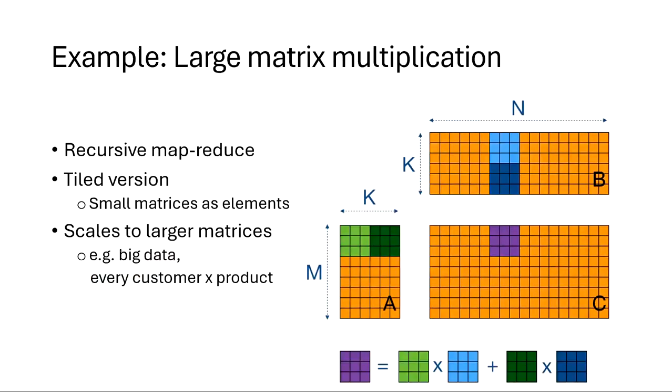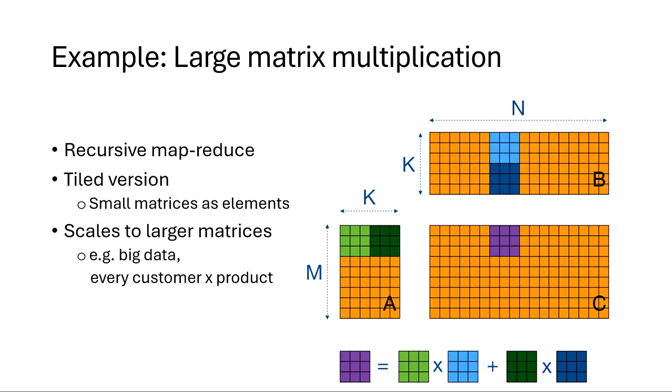Now, a property of matrix multiplication is that you can take your input matrices and you can divide them up into smaller matrices. Okay? So you see this little green window, this is a matrix in itself. This is a matrix in itself. And you can say, I'm interested in computing this item here. This is another matrix that exists as part of the overall output matrix.